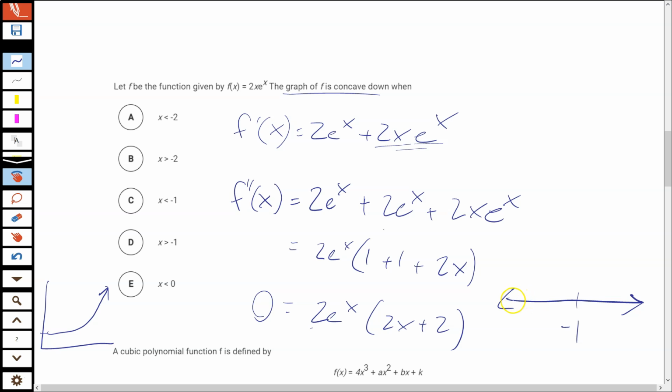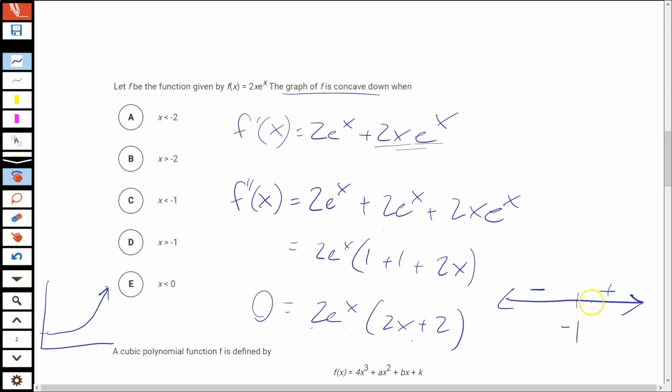To the left of -1, let's say I plug in like -2 here. I get a negative result for this term. And then negative times a positive is negative, right? To the right, if I plug in, say, like 5 here, 2 times 5 is 10 plus 2 is 12. That's positive 12, right?